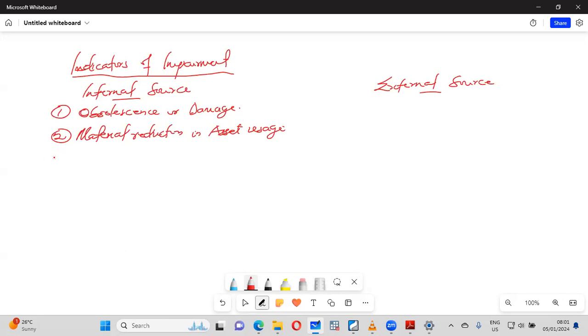So we say that there is a reduction in the economic performance of the asset. Those are internal sources.